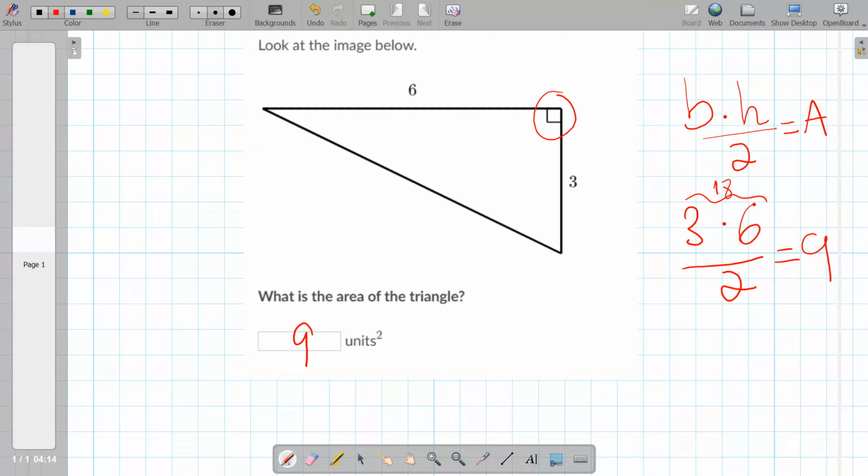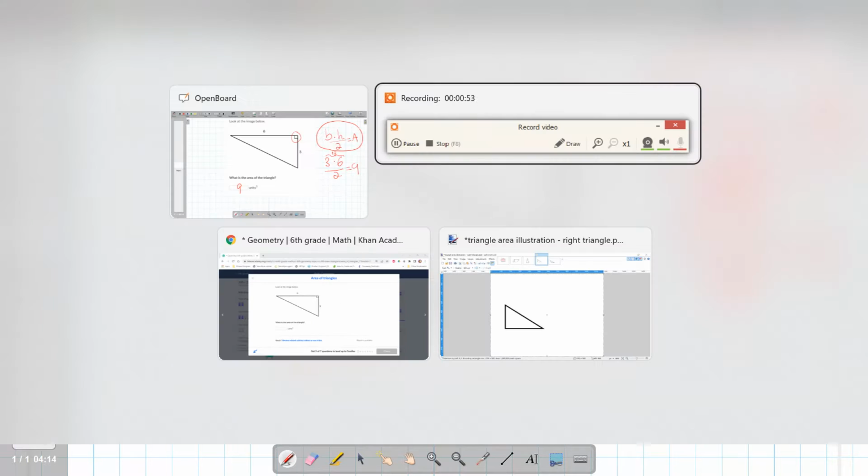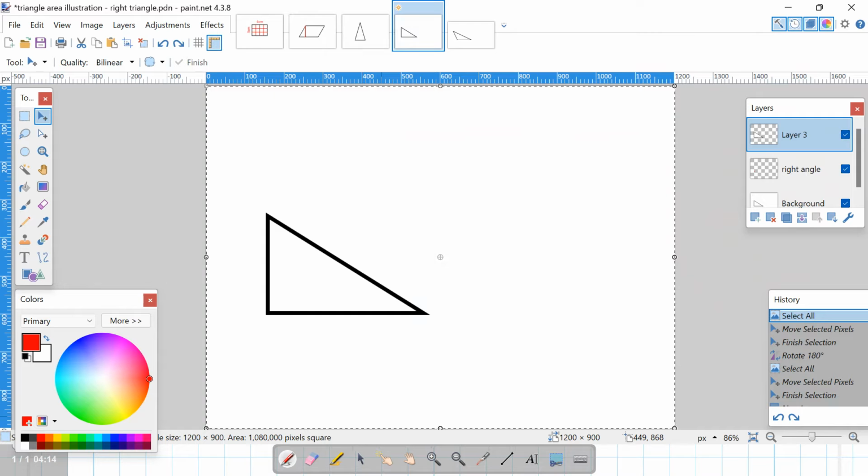Now let's see an illustration of why this is true, why the area is base times height divided by 2. Okay, so I have here a right triangle.